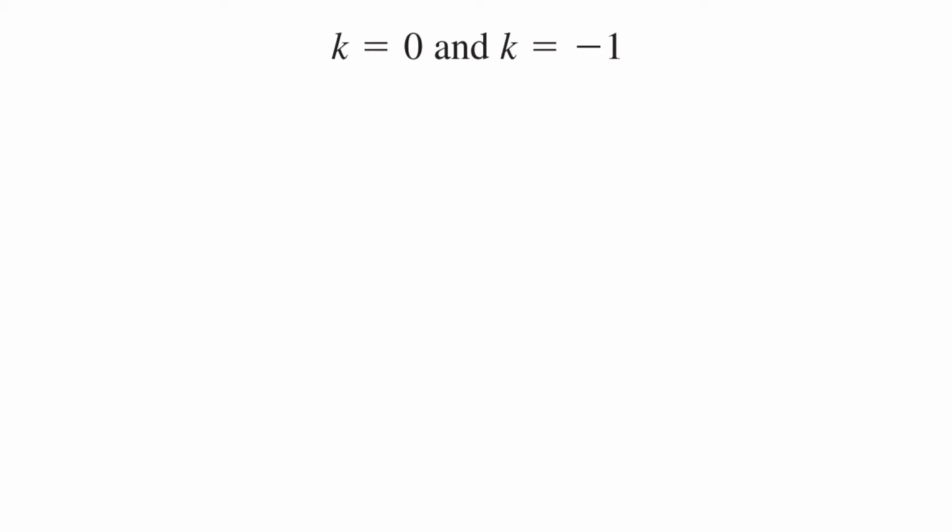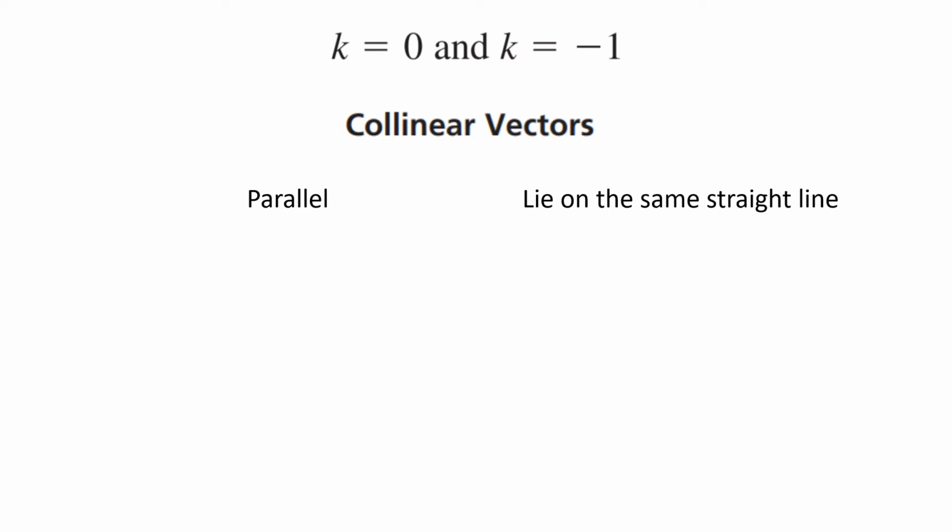Now there's this thing called collinear vectors, and they occur when there are two vectors and they are parallel to each other, or they lie on the same straight line. These vectors can be translated so they lie on the same straight line, such as if I had two vectors, one like this and another one like this, I can move this onto this vector and they will be on top of each other.